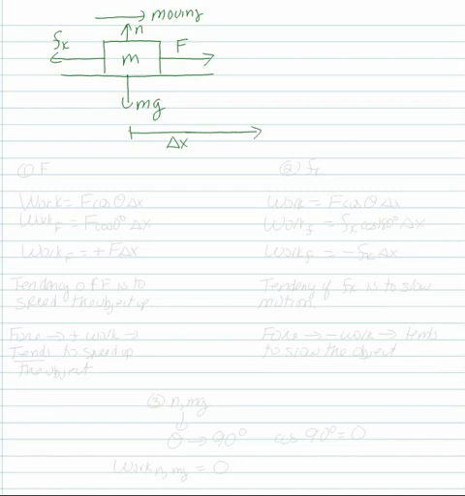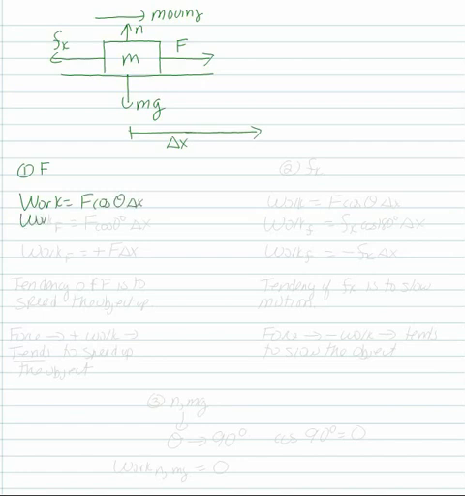To figure this out, we're going to look at the work done by each of the forces. So here's the first one. Let's look at F, the work done by the pulling force. Formula: work equals F cos theta delta x.